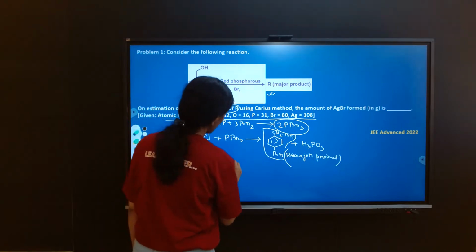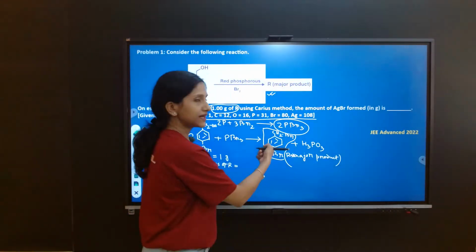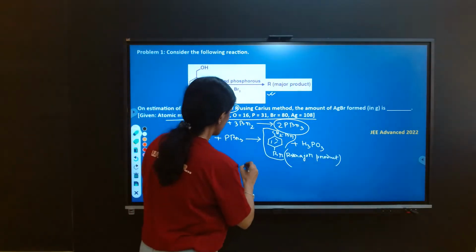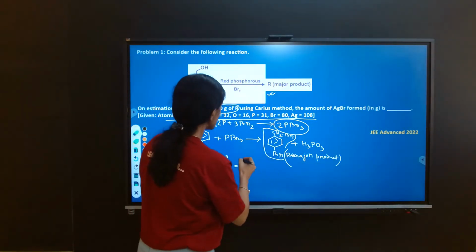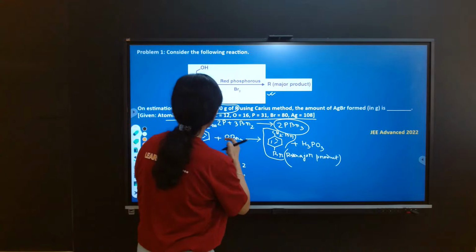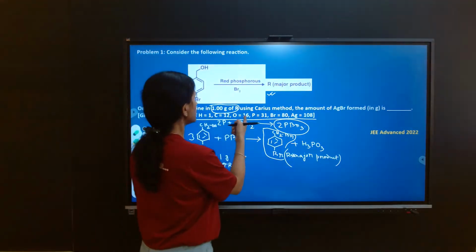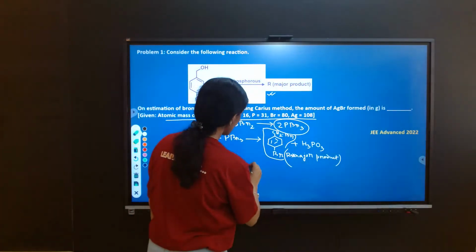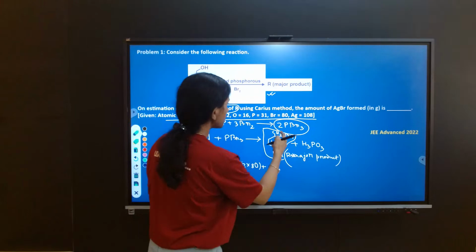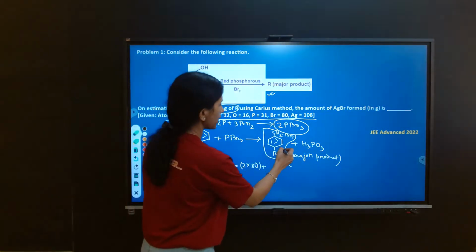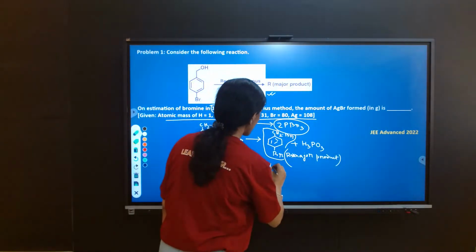So the molar mass of R, if you consider the structure, you can see there are 2 bromine atoms, and the atomic mass of bromine is given as 80. So 2 times 80 for bromine, plus, if you consider the structure of R, there are 7 carbon atoms.